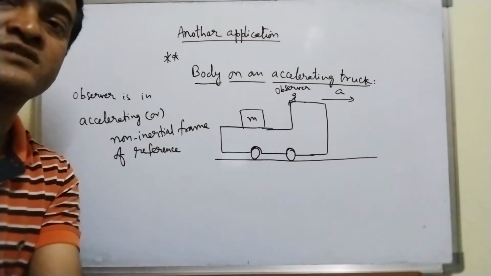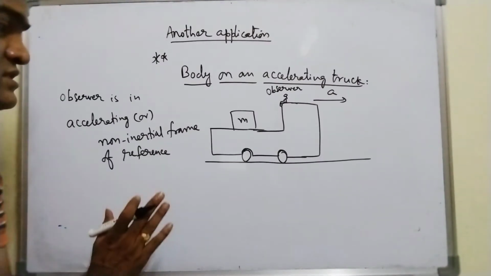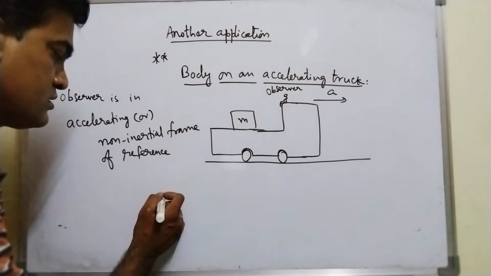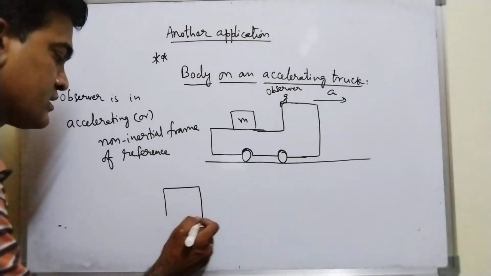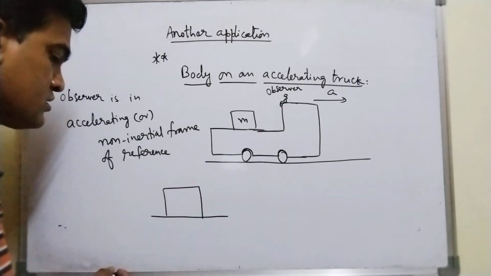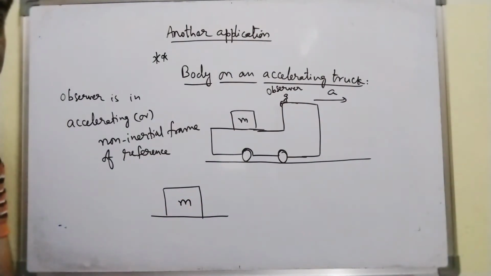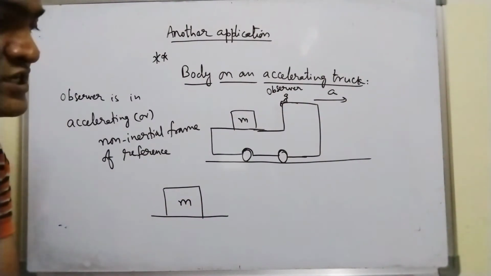So let's discuss case 1. Let me show you the free body diagram of this block. What are the forces acting on the block? Let me draw the free body diagram of this block of mass m. If at all the block slides, in which direction should it slide?